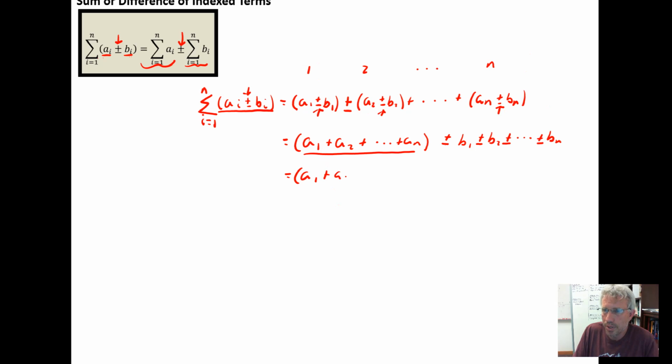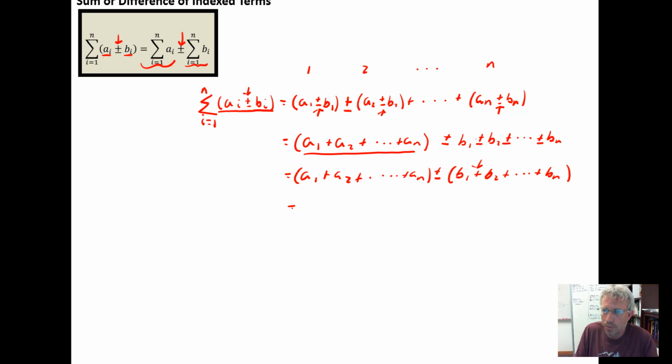So you wind up with a sub 1 plus a sub 2 plus dot, dot, dot, plus a sub n, and then this plus or minus can be factored out using the distributive property, which is going to leave behind, if it's all pluses being factored out, pluses on the inside. If it's minuses being factored out, you're still going to get just pluses on the inside. So you get b sub 1 plus b sub 2 plus dot, dot, dot, plus all the way out through b sub n.